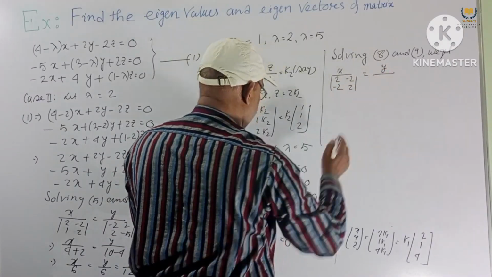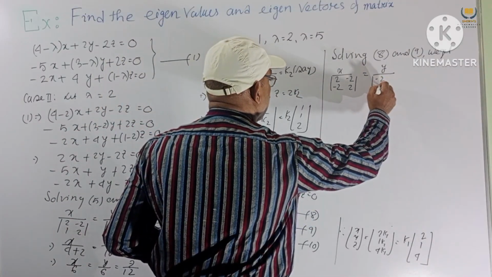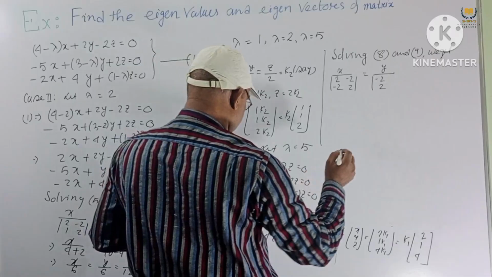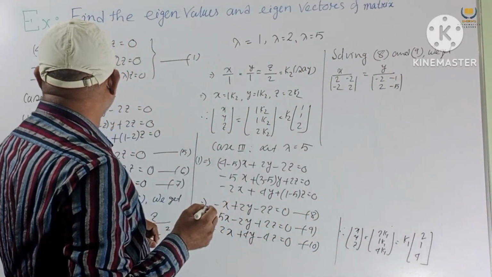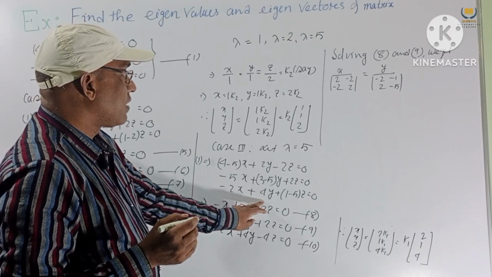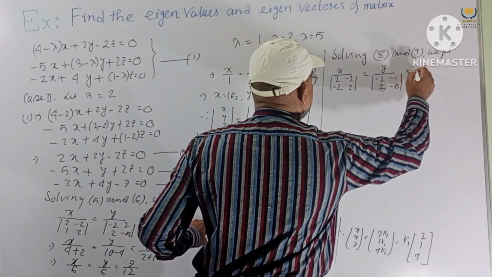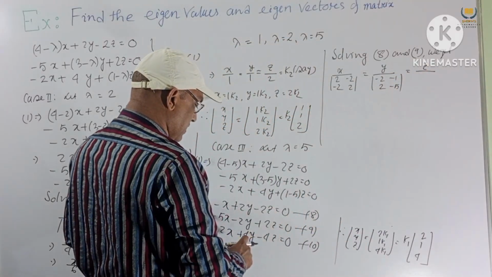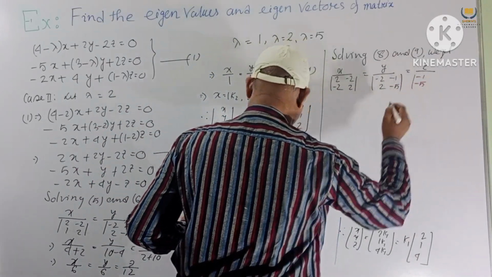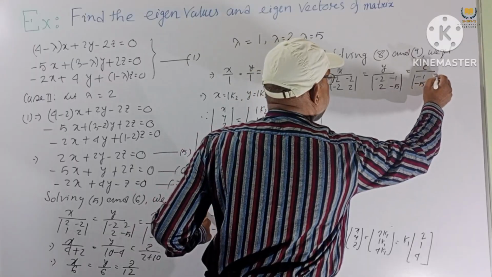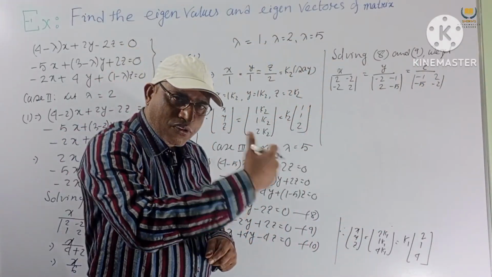Next we consider y: this one cancels, minus 2, 2, minus 1, minus 5. And z: this one cancels, we get minus 1, minus 5, 2 minus 2. So we always start from the right.